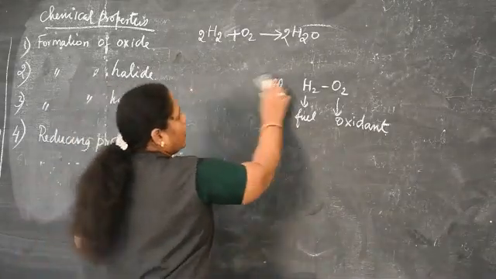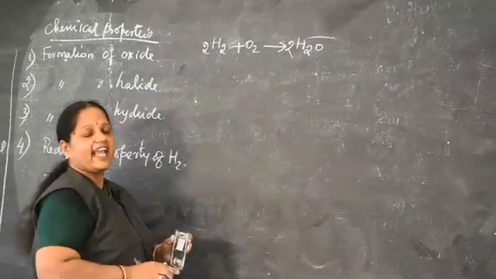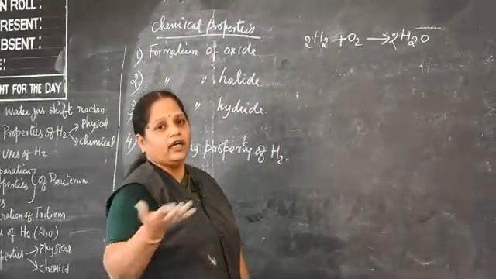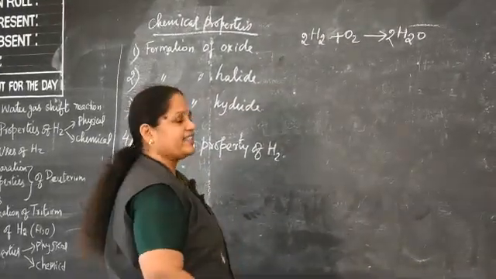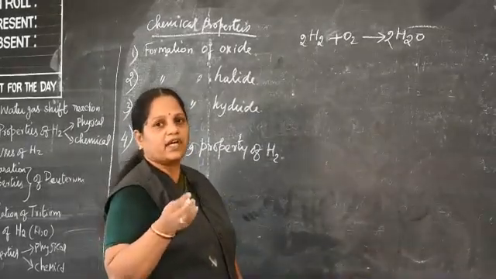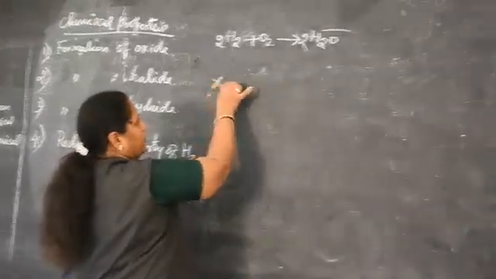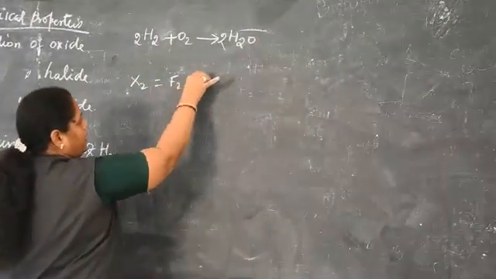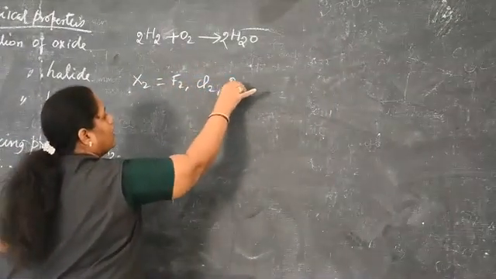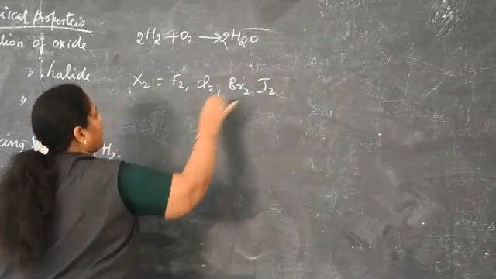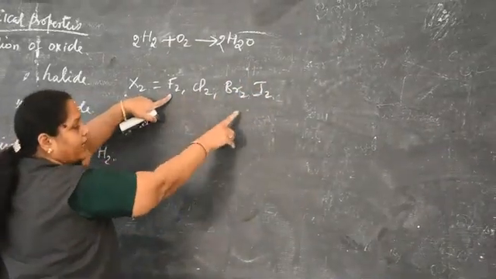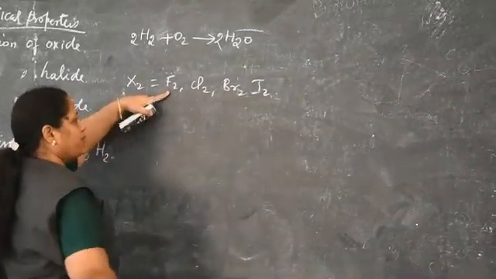Next, halogens have great affinity with hydrogen. What are halogens? Group 17 elements are called halogens. These are simply represented as X2: fluorine, chlorine, bromine and iodine. All these are non-metals, highly electronegative elements.